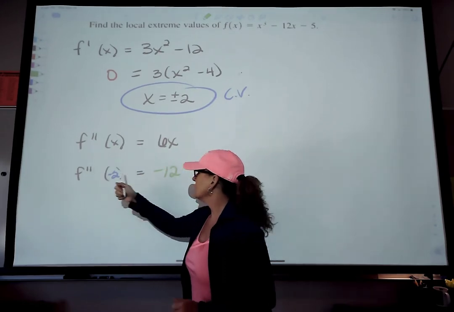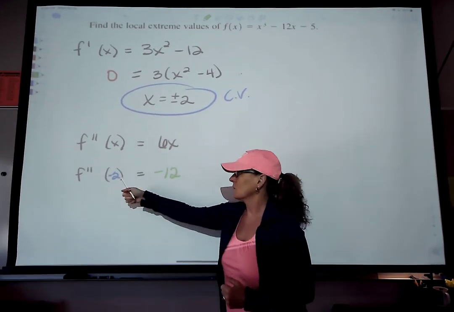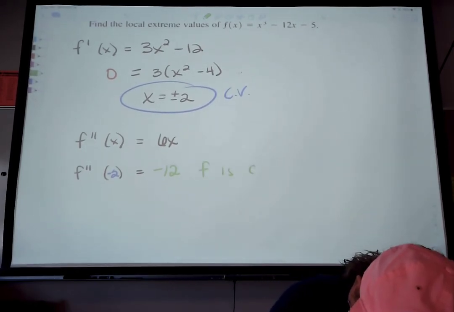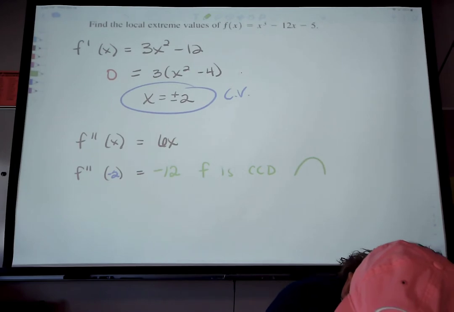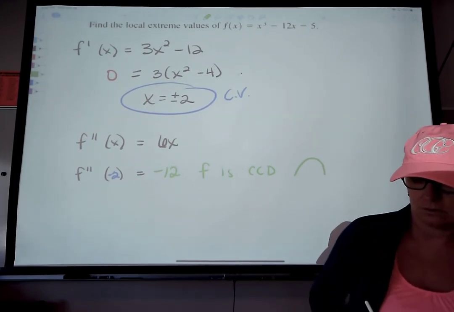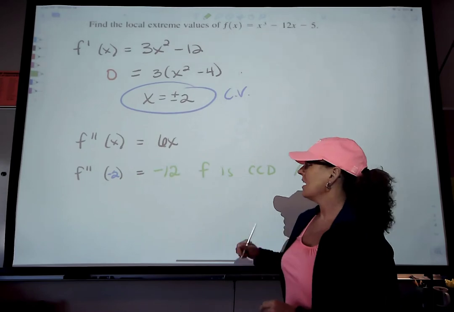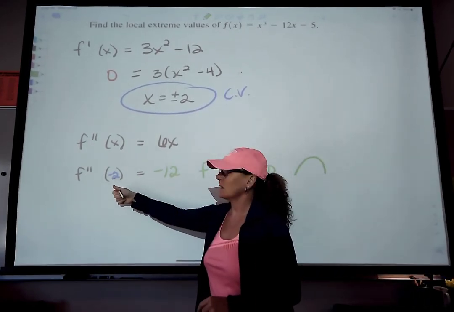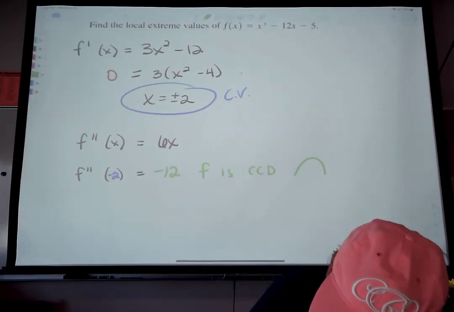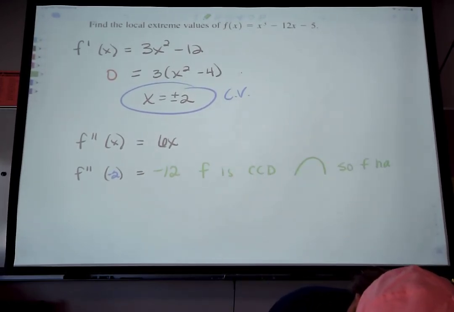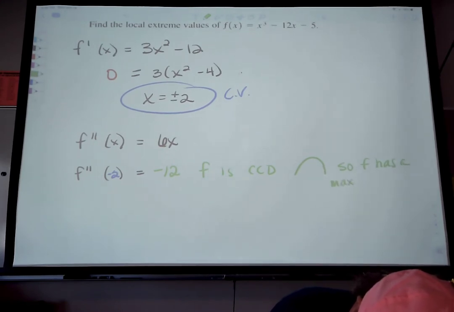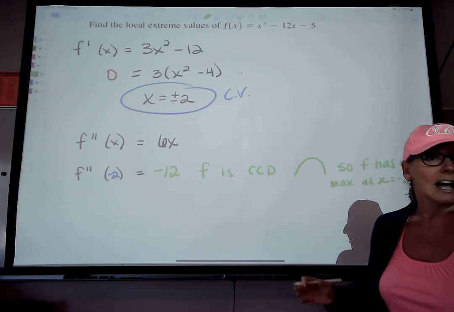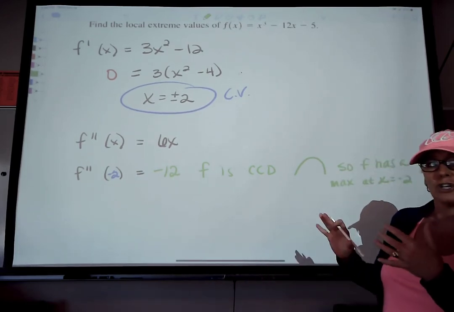My second derivative is negative right here. So f is concave down, which means f has a maximum here. Now, I haven't found what the value is. I just know where it happens.